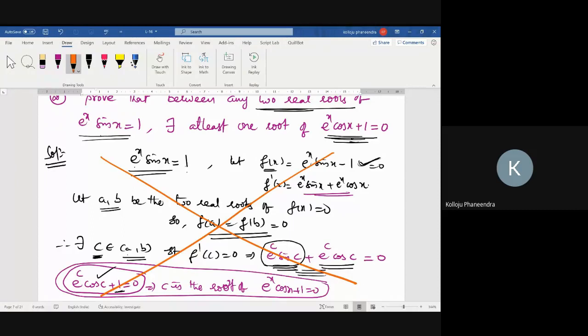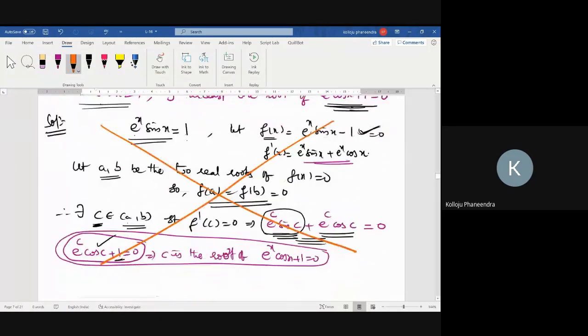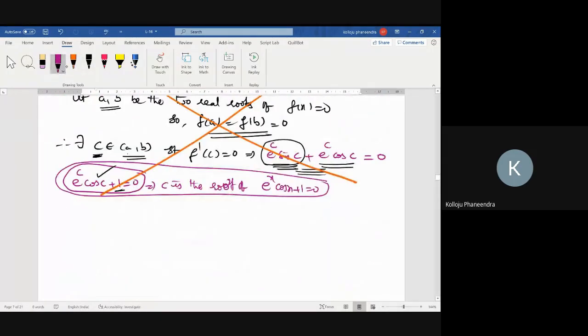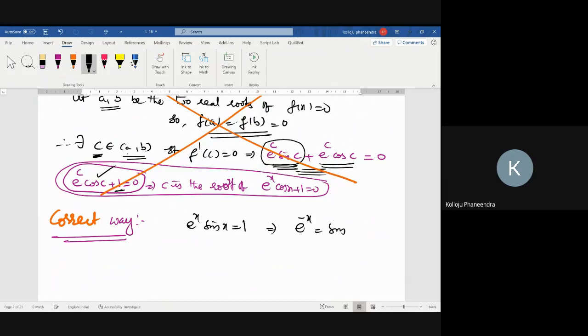Why is this wrong? By selecting this function, it gives a wrong answer. Now I am taking the correct way. The function is given as e power x sin x equal to 1. Take e power x to the other side: e power minus x into sin x. Now let the function f of x be e power minus x sin x minus 1 equal to 0.